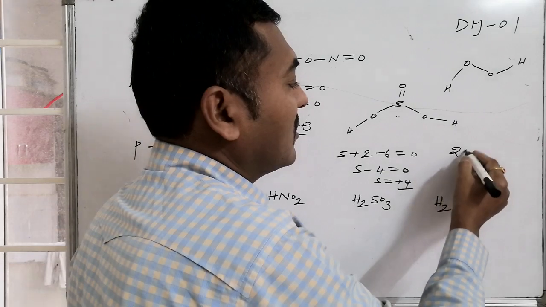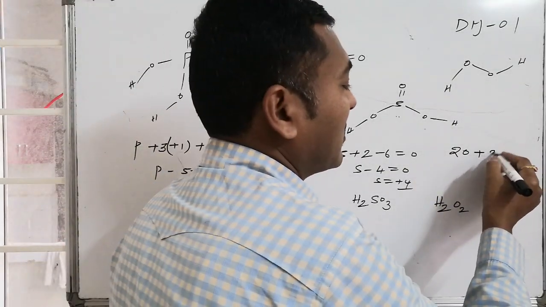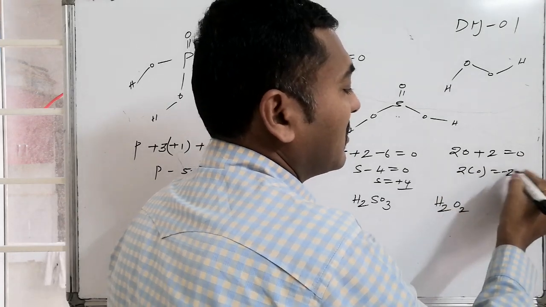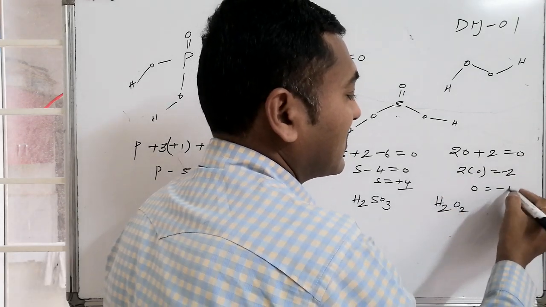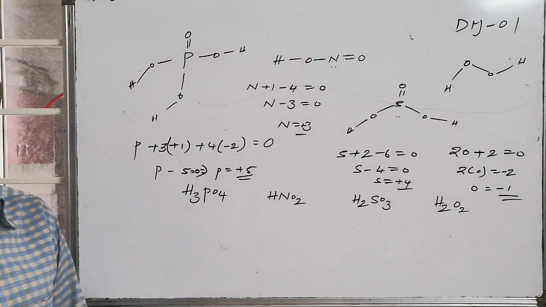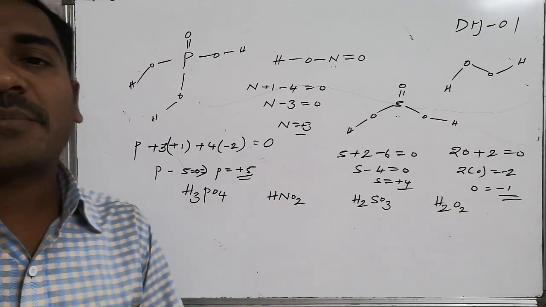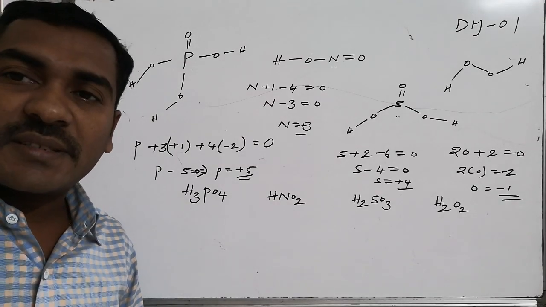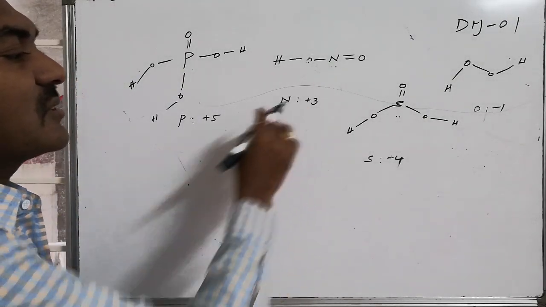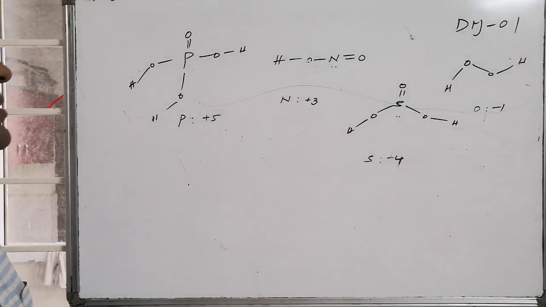In case of hydrogen peroxide, 2 oxygens followed by 2 hydrogens, +2 should become equal to 0, so 2 oxygens should be equal to -2. For each oxygen, the oxidation number is found to be -1. If I keep only the oxidation numbers, it now appears as phosphorus with +5, nitrogen with +3, sulfur with +4 and oxygen with -1.